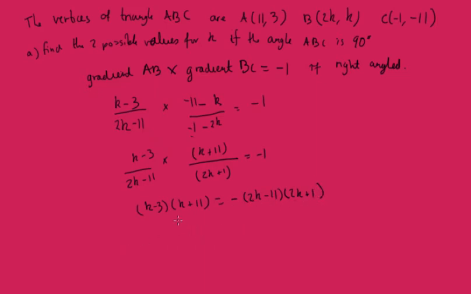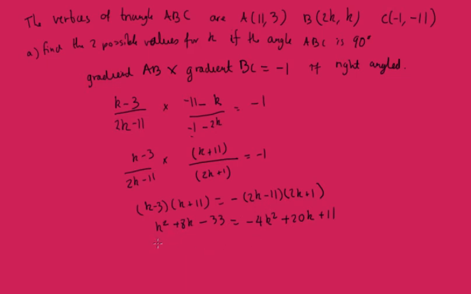Now we will expand the brackets. k squared plus 8k minus 33 is going to be equal to minus 4k squared plus 20k plus 11. Now be careful here with minuses. So I would multiply the brackets and then apply the minus.